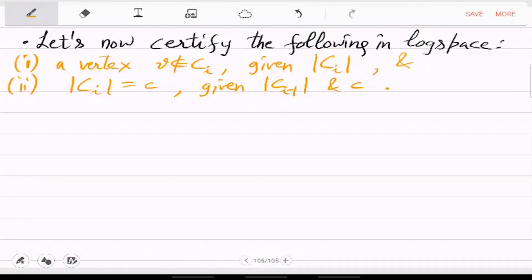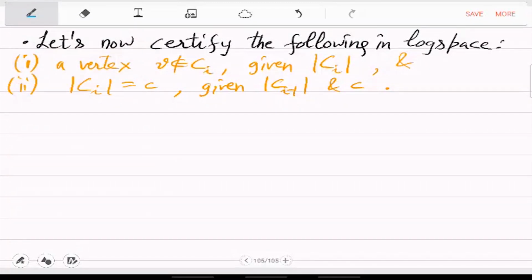Okay, so for vertex not in Ci, we'll actually use the count, the size of Ci, and to certify the count we'll use the previous count, right? So it will be a kind of recursive algorithm. But remember, it's just a certification, so it's not computing C, it is just certifying whether this is the correct answer.